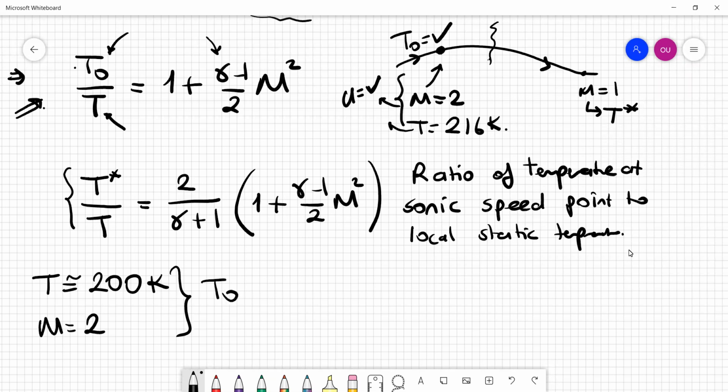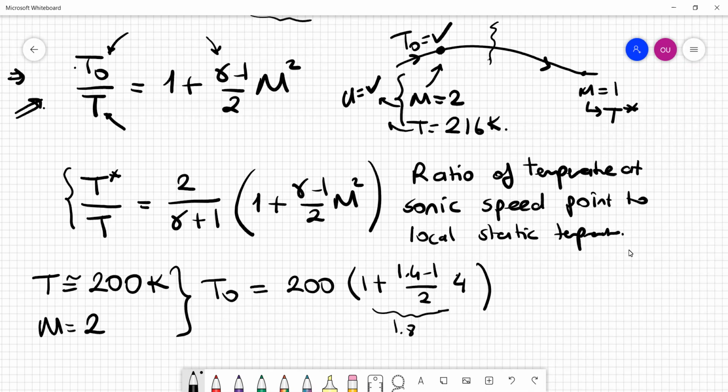Let's calculate this. T0 will be 200 Kelvin times (1 plus (gamma minus 1) over 2, which is (1.4 minus 1) over 2, times M squared). Mach is 2, so 2 squared is 4, and 0.2 times 4 is 0.8, so this is 1.8.